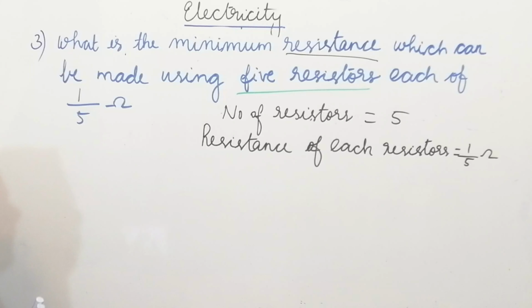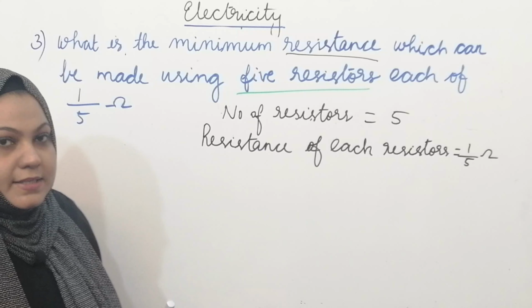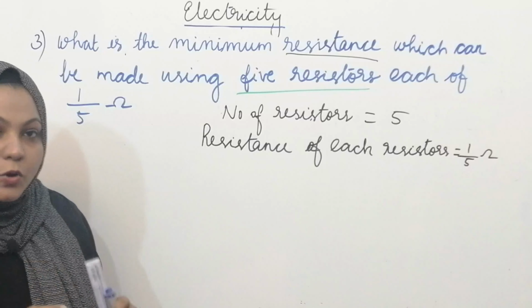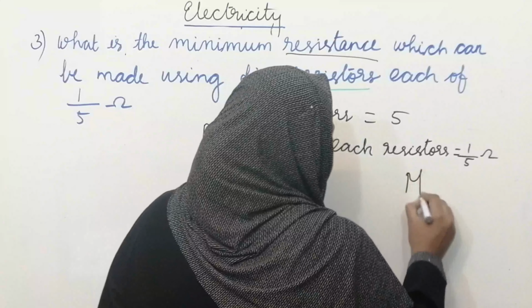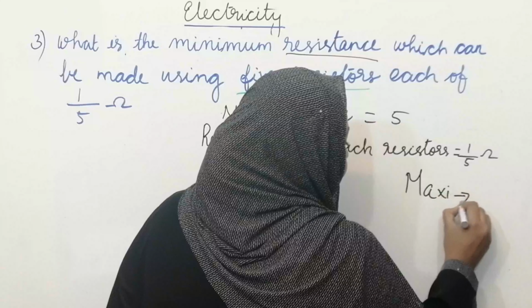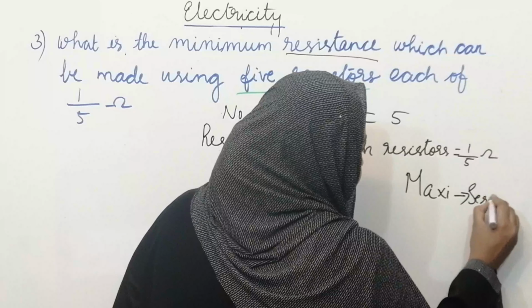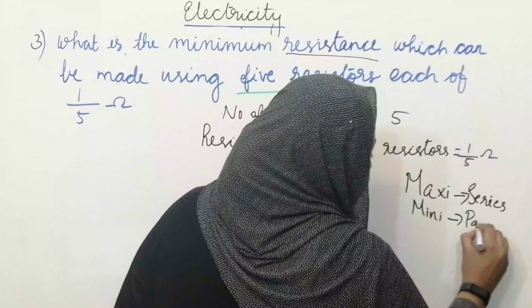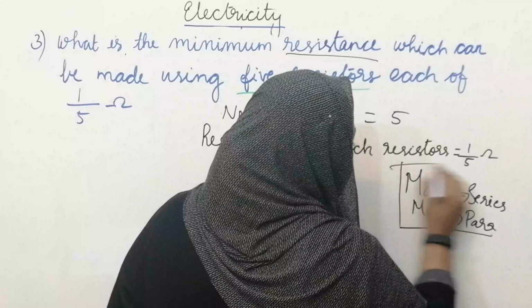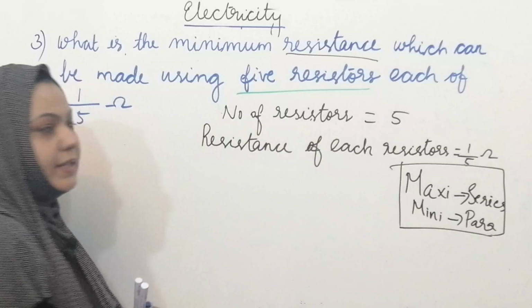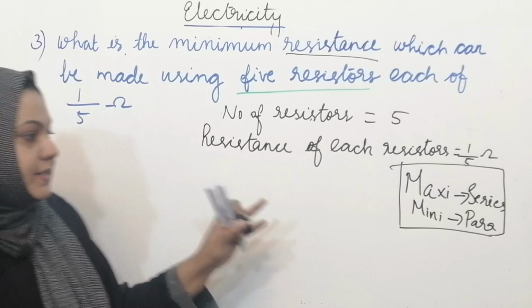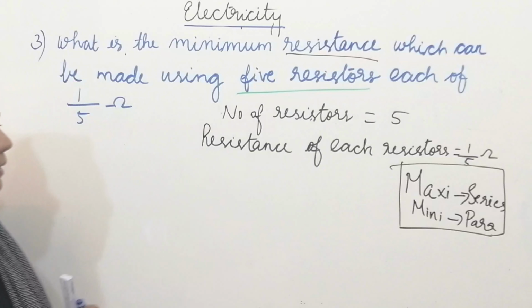Correspondingly, equivalent resistance is minimum when they are connected in parallel. So don't forget: maximum in series, and minimum in parallel. Don't confuse, this is very important.